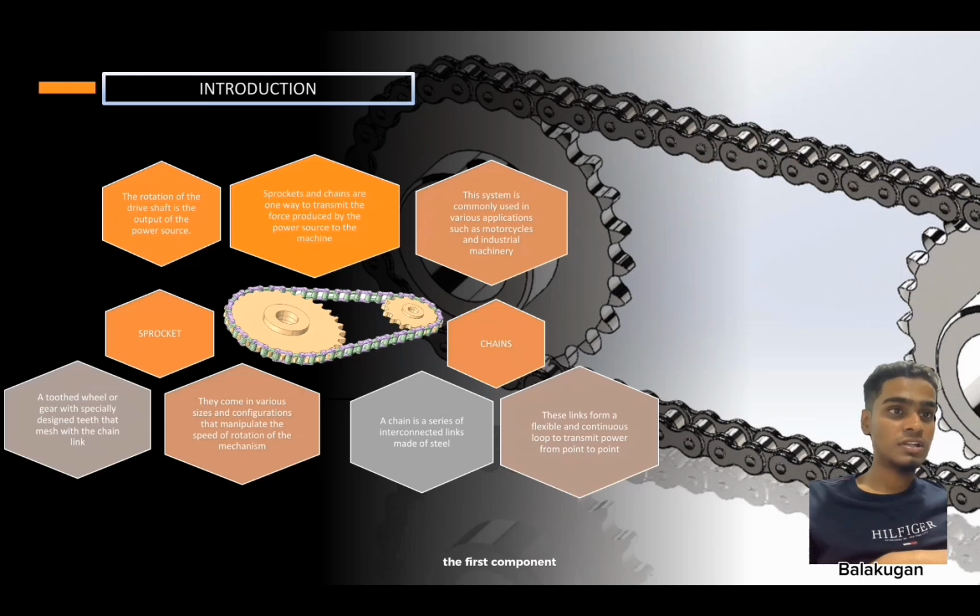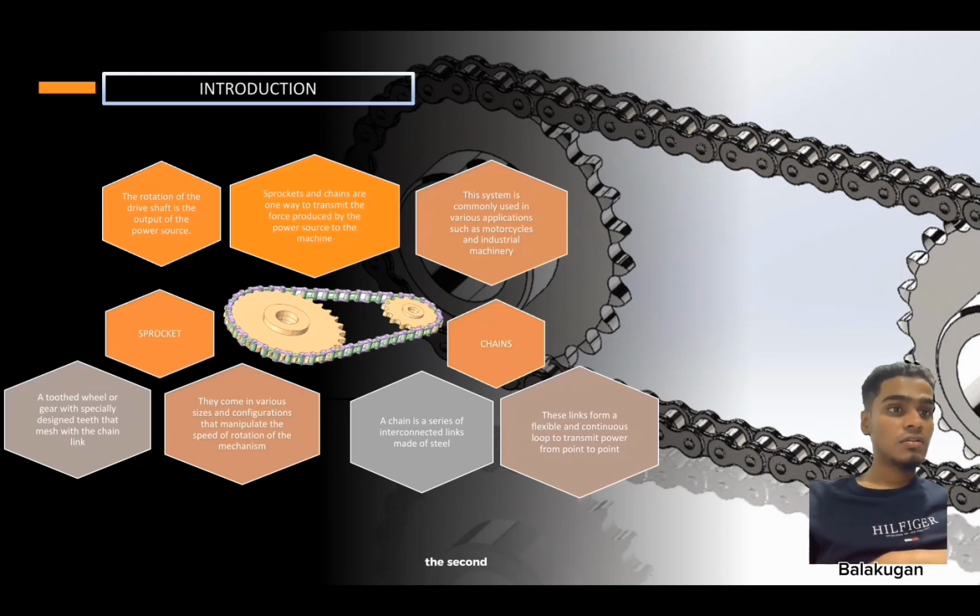The first component is the chain. A chain is a series of interlocking links made of metal, usually steel. These links are interconnected and form a flexible and continuous loop. Chains are designed to efficiently transmit mechanical power from one point to another.